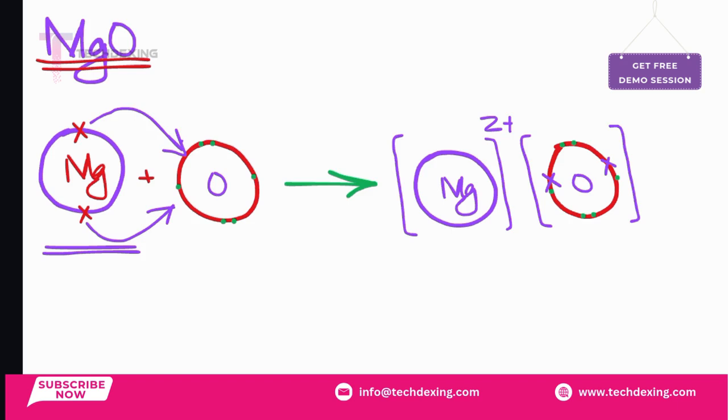How much would be the charge on the oxide ion? On the oxide ion, yeah, it would be -2. Very good. So this is the dot and cross diagram for magnesium oxide, right?